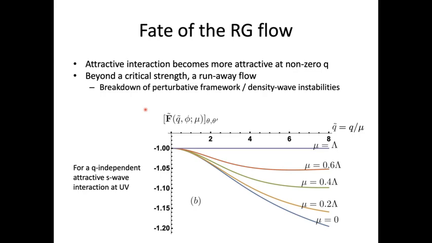So I haven't told you about the BCS channel, but in the BCS channel, as we know, indeed the strongest channel is the center of mass momentum equals 0 channel. But what they're studying is just the Berg-Schrieffer diagram.